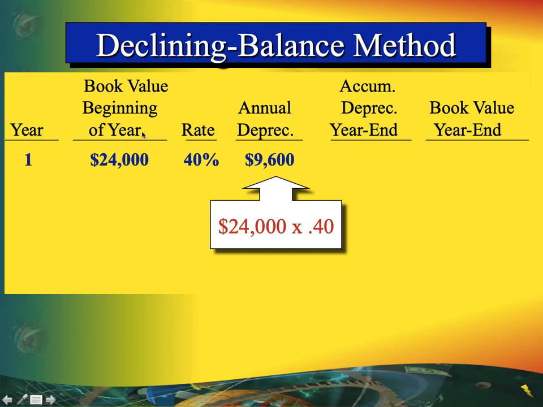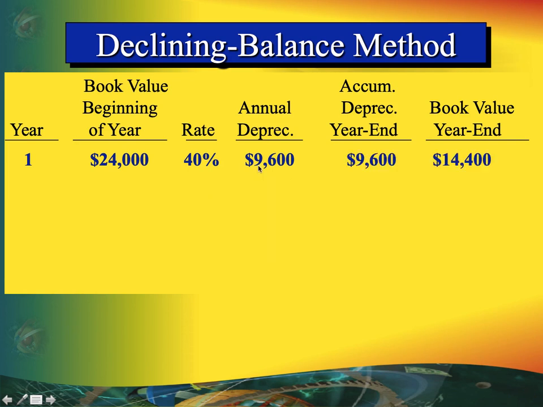At year 1, book value beginning of year is always 24,000 with the rate of 40%. The annual depreciation you get by multiplying 24,000 with the rate, 24,000 times 0.4 becomes 9,600.